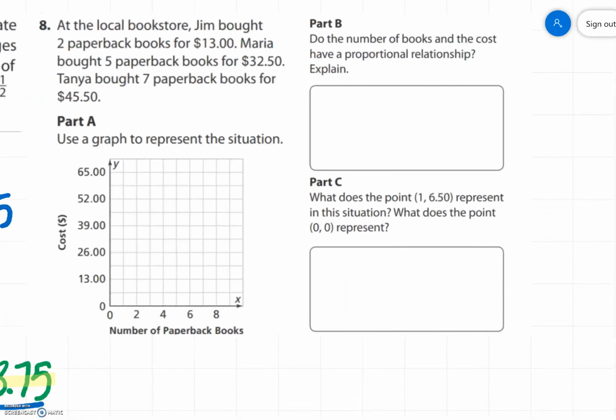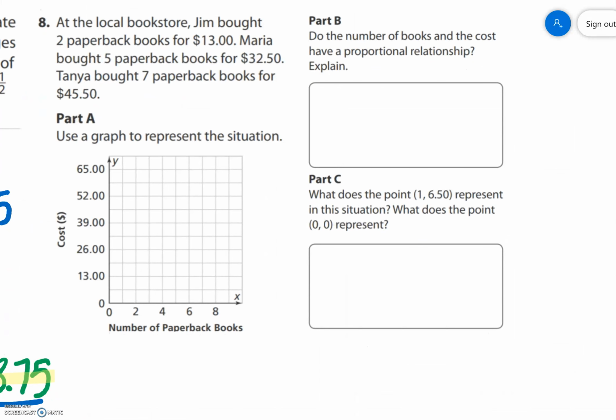The last question, 8. At the local bookstore, Jim bought 2 paperback books for $13. Maria bought 5 paperback books for $32.50, and Tanya bought 7 paperback books for $45.50. Part A, use the graph to represent the situation. We have to graph them. So 2 corresponds with 13. 5 corresponds with 32.5.